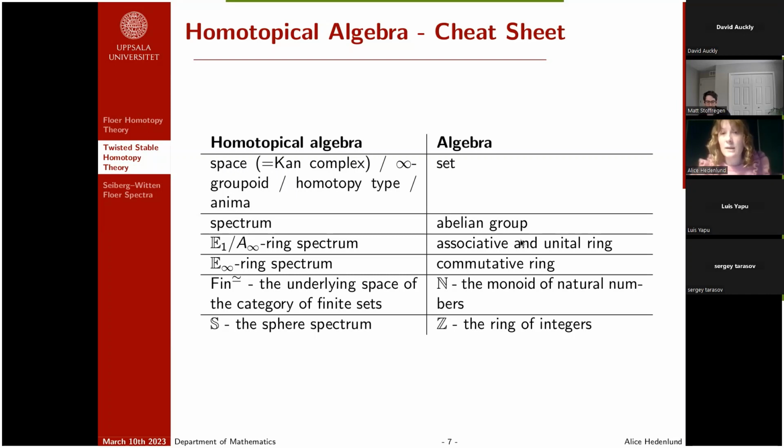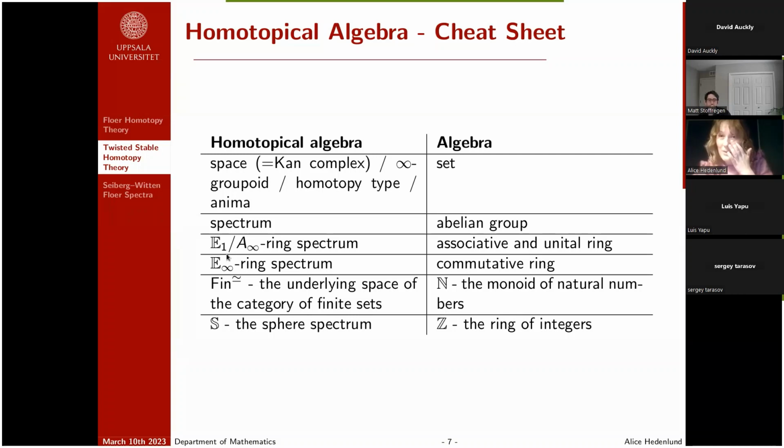You can also talk about ring structures. An associative unital ring would correspond to something called an E1, or A infinity, ring spectrum, and a commutative ring would correspond to something called an E infinity ring spectrum.